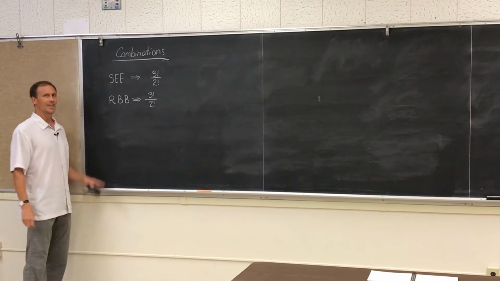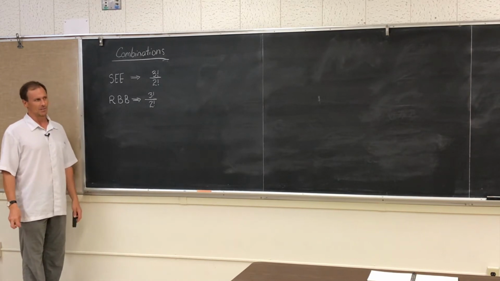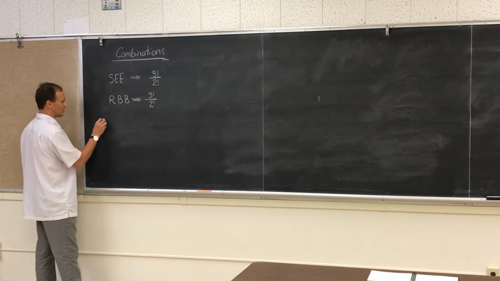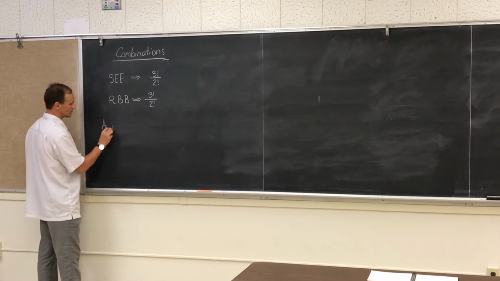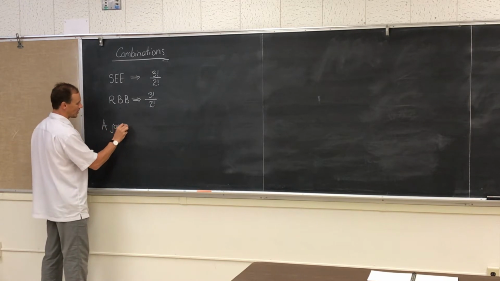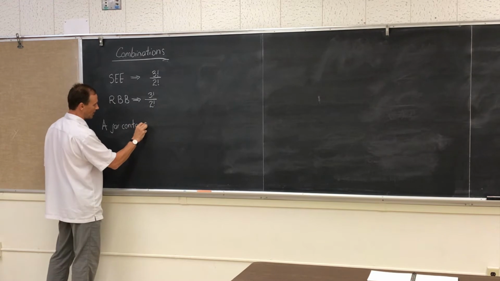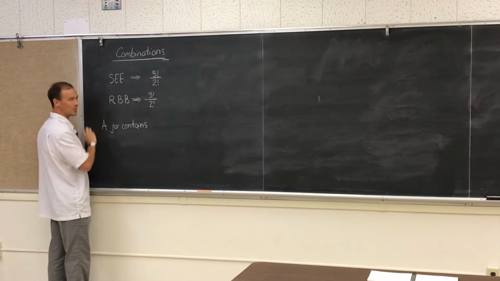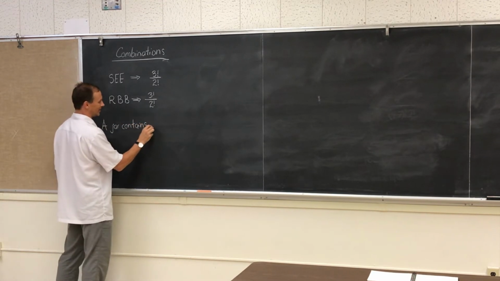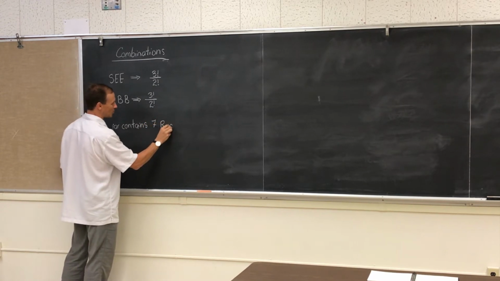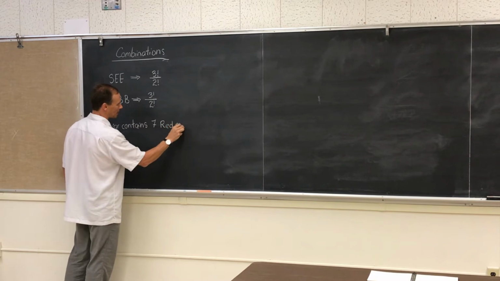So now let's make this problem more interesting. And here's how we're going to do it. Let's do this. A jar contains, let's see, R, we'll use red, contains, how about 7 red marbles.